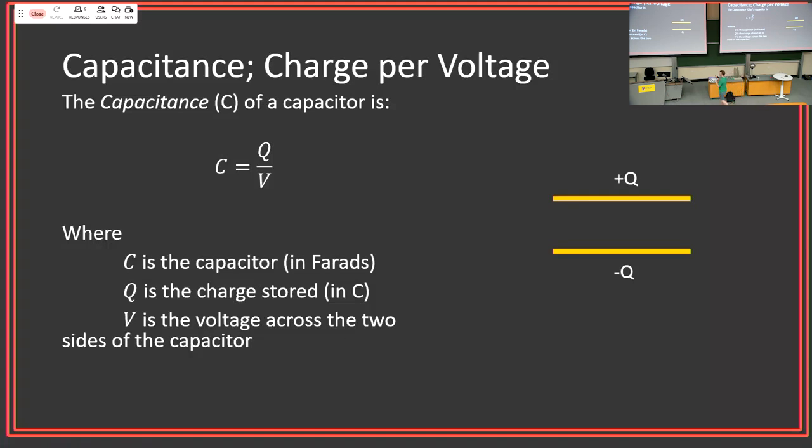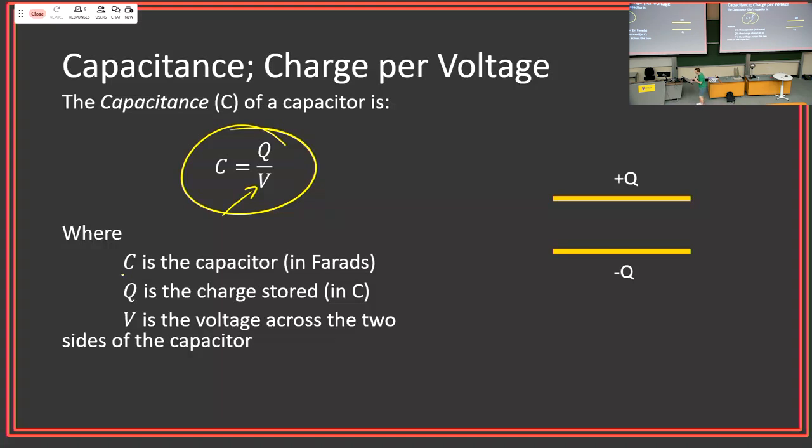It is the capacitance. So this hopefully makes sense. If we have two capacitors, one big and one small, they will have the same voltage. But the big capacitor has a bigger charge, and therefore a bigger capacitance, because capacitance and charge are linked.